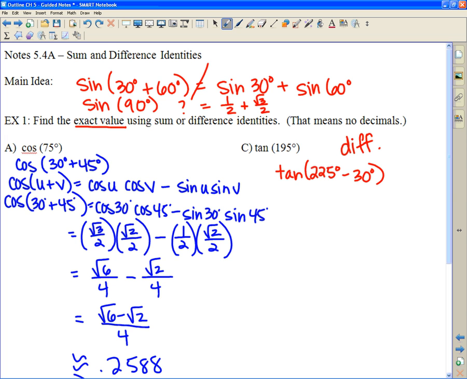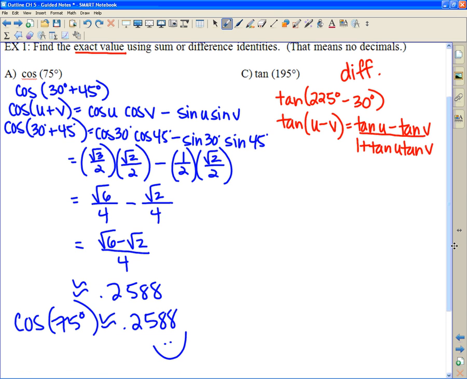You're following your tangent, a difference of tangents, so u minus v. And the formula for that is tangent of u minus tangent of v divided by 1 plus tangent u tangent v. Now this gets really exciting because tangents are all fractions. So we really need to write neatly here.